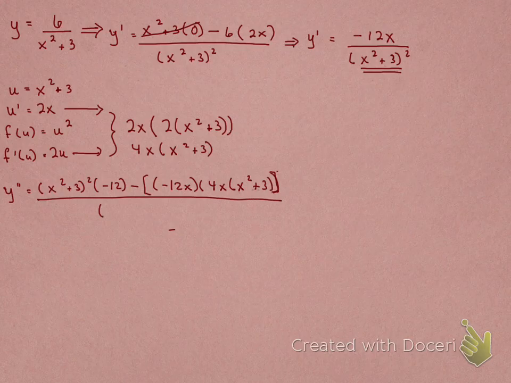All over. Now the denominator has already been squared, so squaring a square gives us to the fourth.